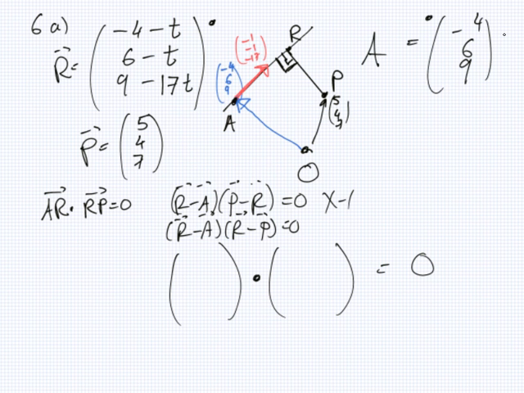Minus 4 minus T, minus minus 4, so that will be just minus T, because the minus 4 and the minus 4 cancel. I'm doing R minus A. And then the next one will be 6 minus T minus 6.